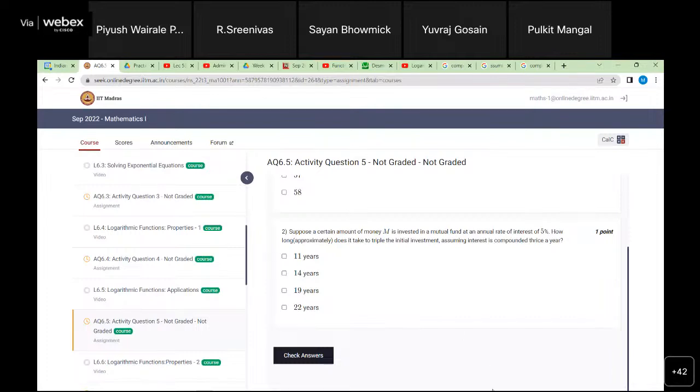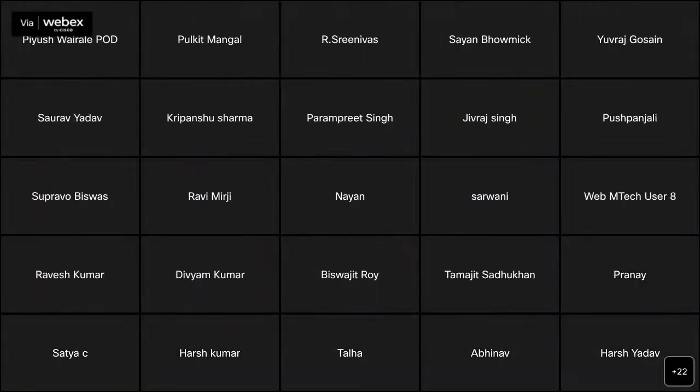Suppose a certain amount of money is invested in a mutual fund. What is the formula for compound interest? P into (1 plus R upon 100) power time.